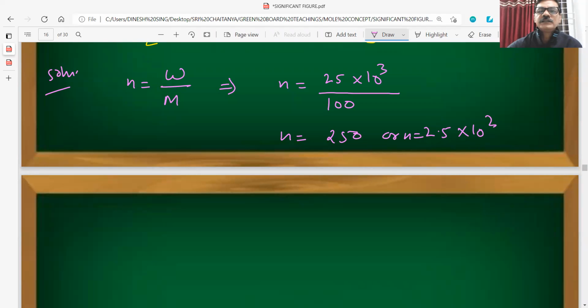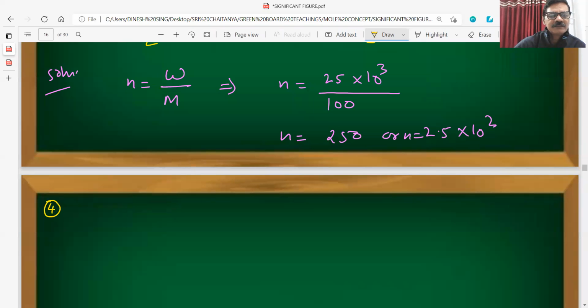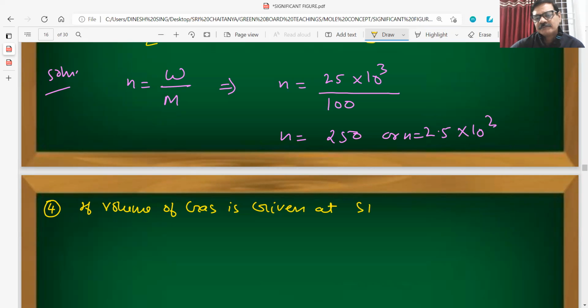This is another formula. After this we can see the fourth condition. The fourth condition is: if the volume of a gas is given at STP.